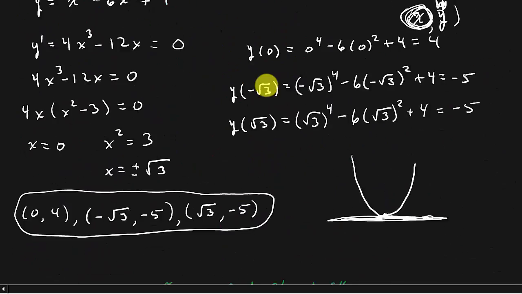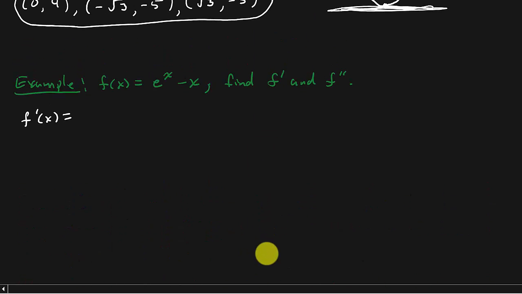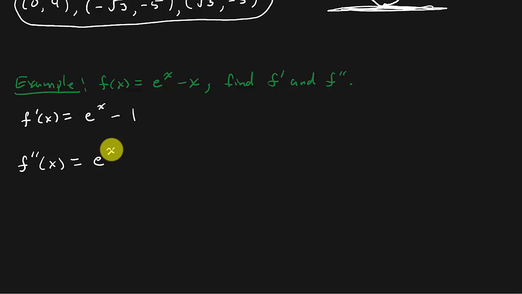So derivative of e to the x is just e to the x minus, and then the derivative of x is 1. So there's your first derivative. Now let's find the second derivative. We just take the derivative of this. The derivative of e to the x is e to the x, and then the derivative of minus 1 is 0. So there's your second derivative. All of this easy enough for you?